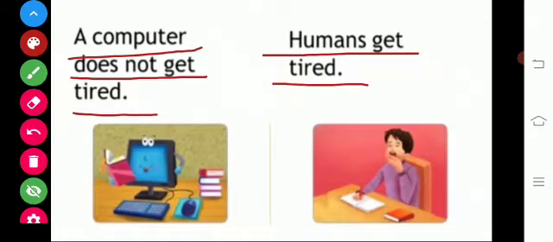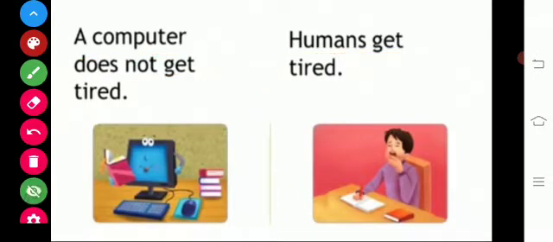Humans get tired. A computer works continuously day and night, isn't it, children? So a computer doesn't get tired, but a man gets tired after some time. He needs rest after work.